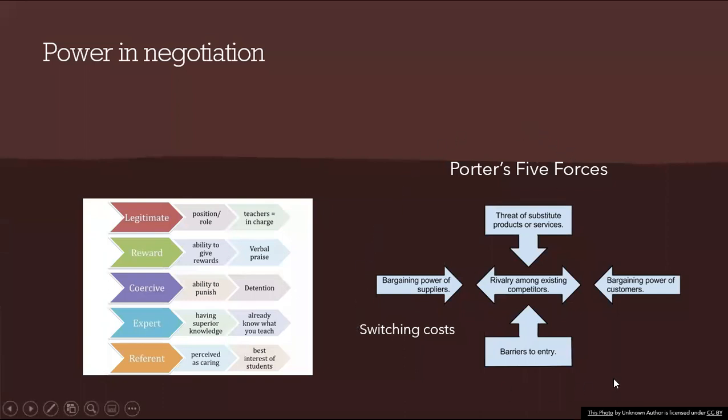We also have questions on personal power, and in negotiation, personal power also plays a role. The image here shows five types of personal power: legitimate, reward, coercive, expert, and referent. You have legitimate power when you have high authority within an organization, like you are the boss, the procurement director of that organization.